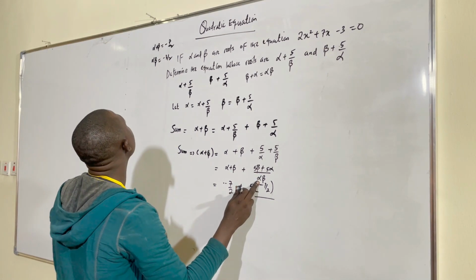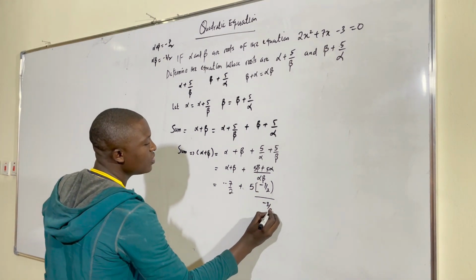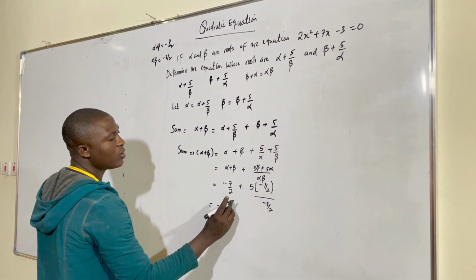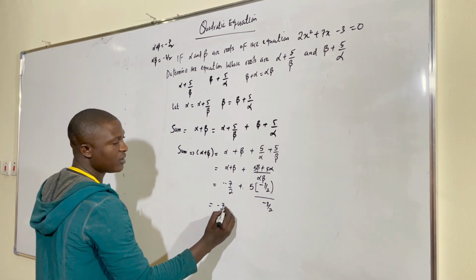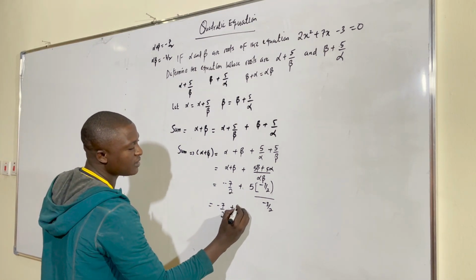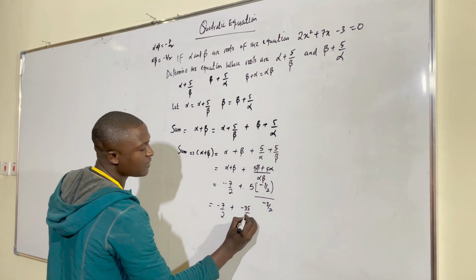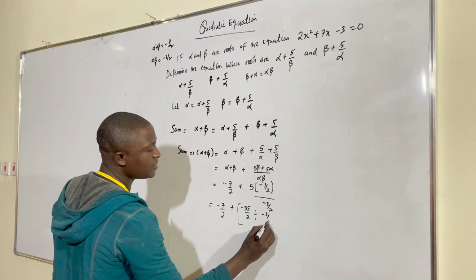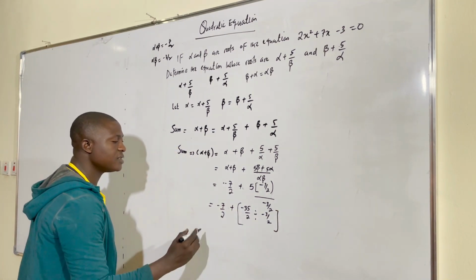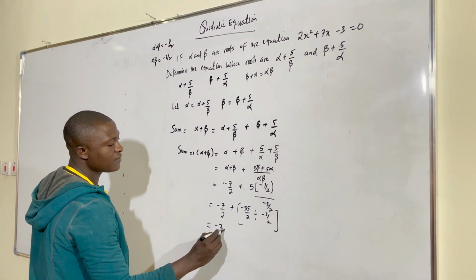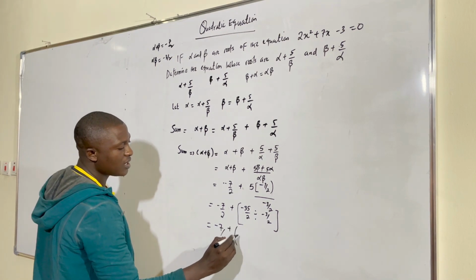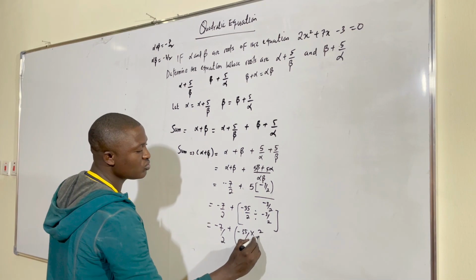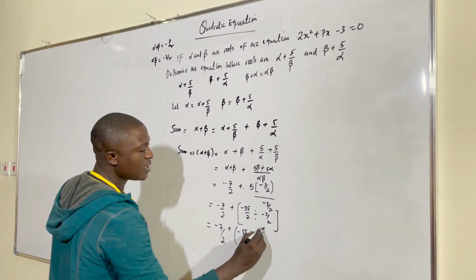Alpha beta, we have that to be minus 3 over 2. So here I can have minus 7 over 2. If I open the bracket, this times this, we can have minus 35 over 2 divided by minus 3 over 2, the one we have in the bracket. So this can be minus 7 over 2 plus minus 35 over 2 times 2 over minus 3.